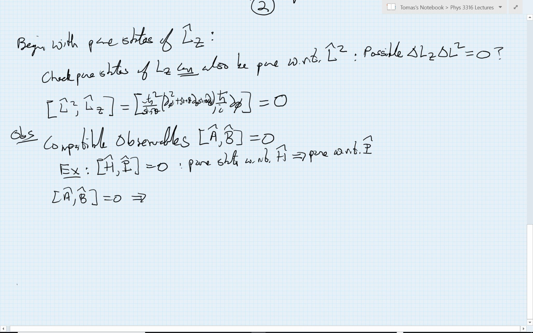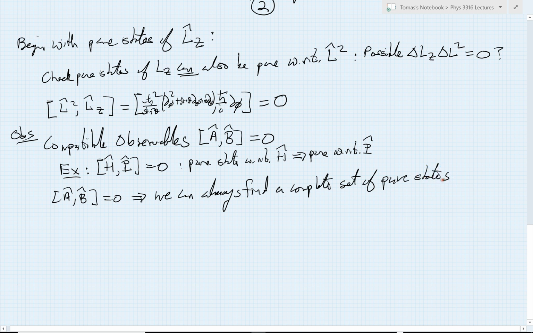It implies that we can always find a complete set of pure states that are pure with respect to both observables, A and B, simultaneously.